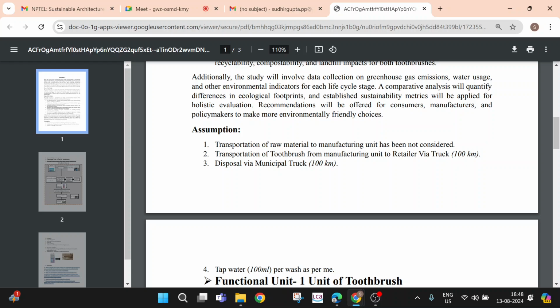Also, the transportation of the toothbrush from the manufacturing unit to the retailer is considered to be by truck. If you transport by your own vehicle, or a two-wheeler, or a truck, different carbon emissions are associated and calculated. Also, the distance for disposal via municipal truck is assumed to be just 100 km from my home. So these have been done.